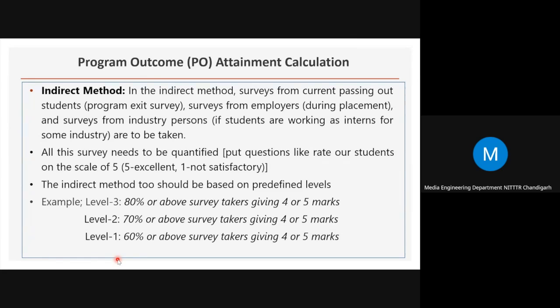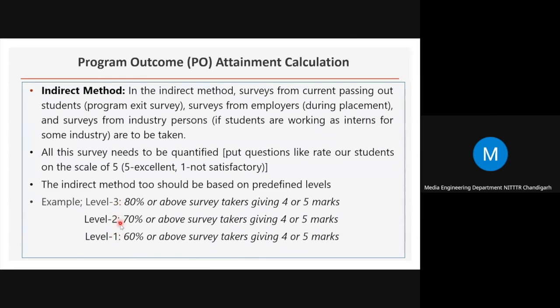Here 5 means excellent, 4 means next to excellent, maybe very good. If 80% are giving 4 and 5, it is level 3. 70% or above can be considered as level 2. 60% or above can be considered as level 1.